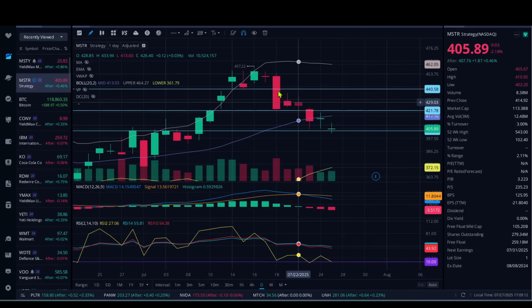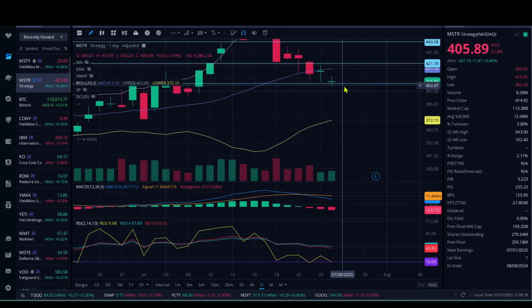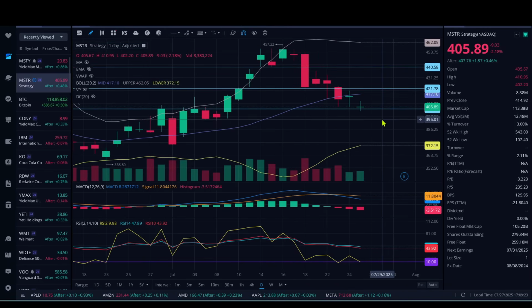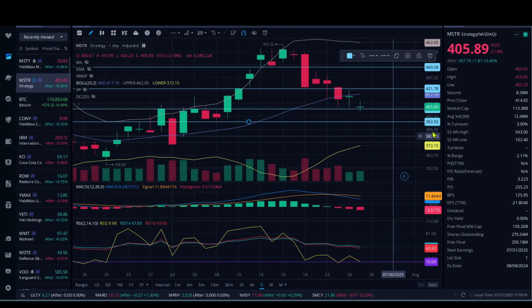We'll probably see more of a red candle as it's coming on down, right? And at that point, we would be looking for it to come all the way down to something along the 392 area right here. And if I draw a line right there and show you why I'm using that line, and I'm just eyeballing this one here, I've got it right now to roughly that 392, 393.